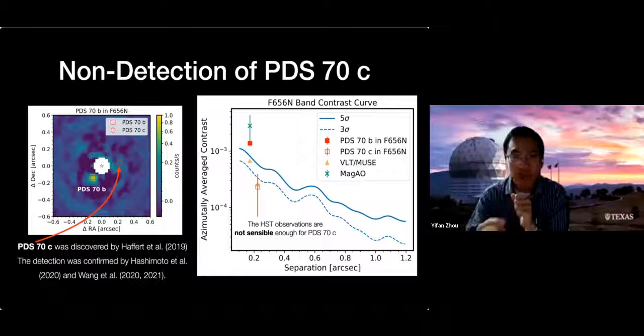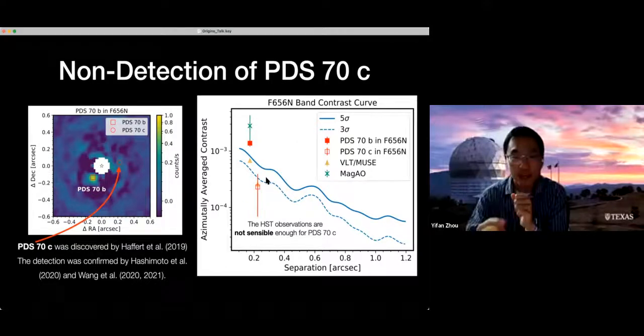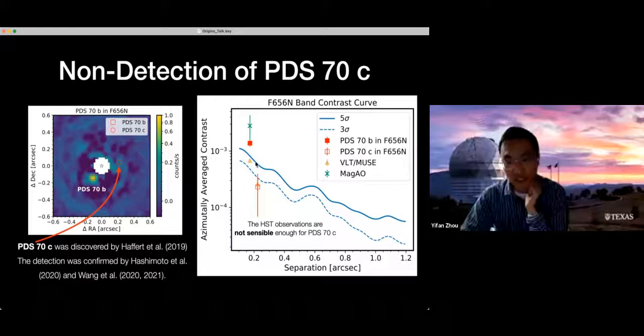So if you compare the expected brightness of PDS 70c to our detection limit, the solid line here represents the 5 sigma detection limit, and the dashed line represents the 3 sigma detection limit. You see the expected signal is below our detection limit.